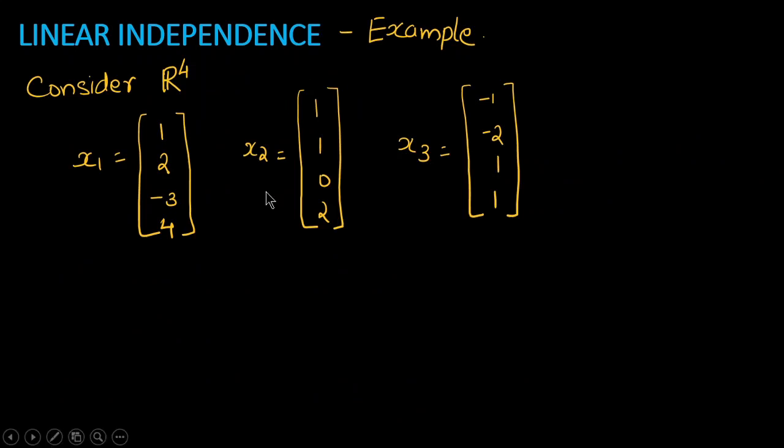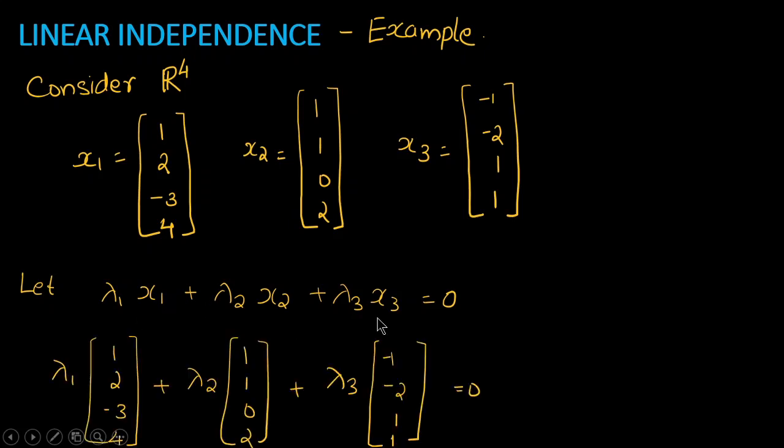Consider another example in R4. We have three vectors from R4. Four elements are there in each vector. Then let us represent the linear combination like this: lambda1 x1 plus lambda2 x2 plus lambda3 x3.